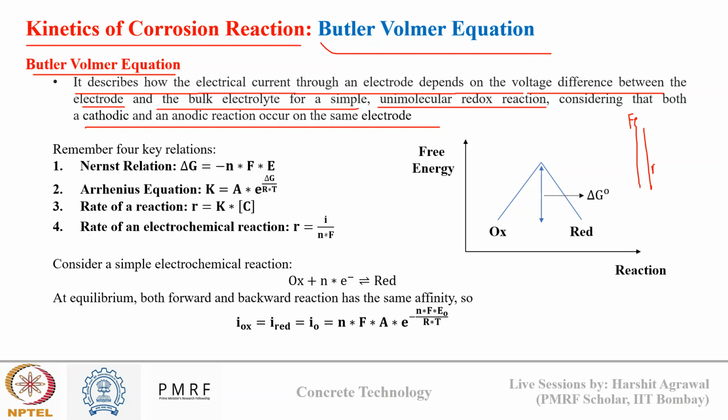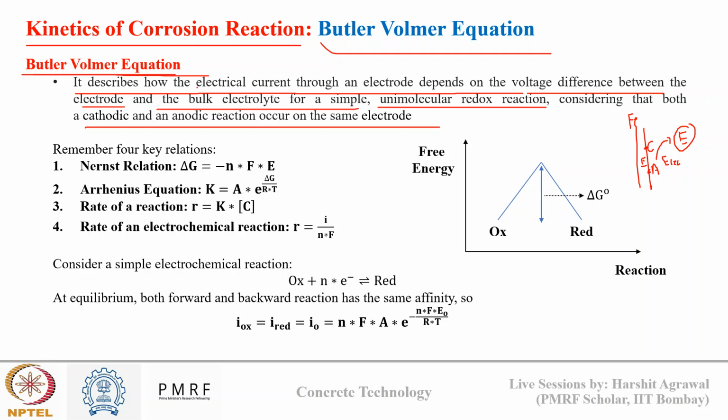There is an anodic reaction happening here and a cathodic reaction happening here, and there is a certain potential voltage difference between my electrode and my electrolyte. Based on knowing this potential difference, that is the electrode potential that we estimated earlier, how much electrical current will flow is what is defined by the Butler-Volmer equation.